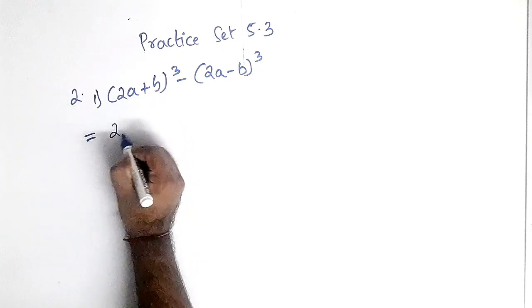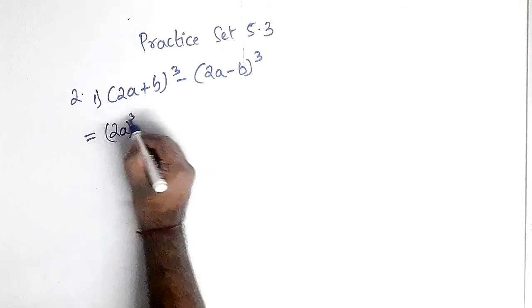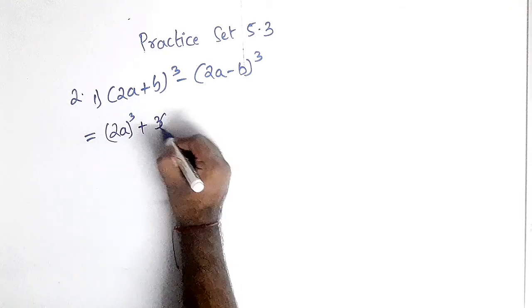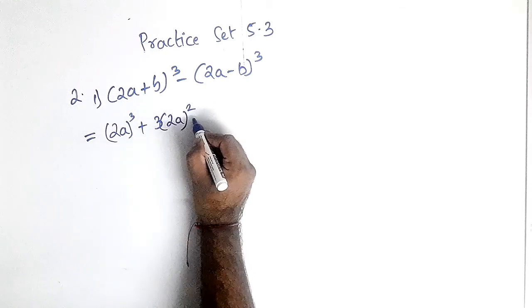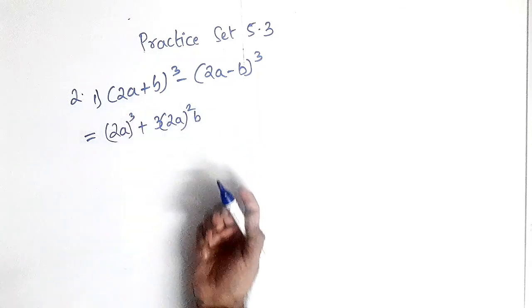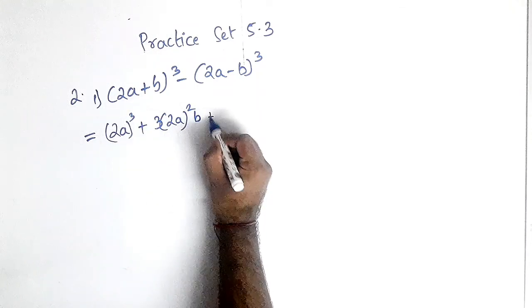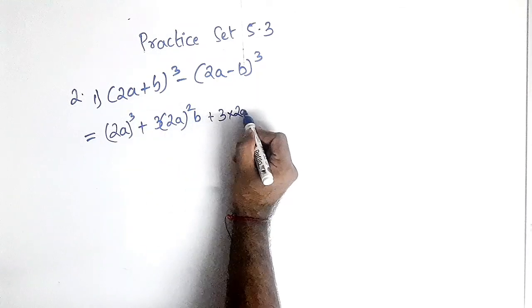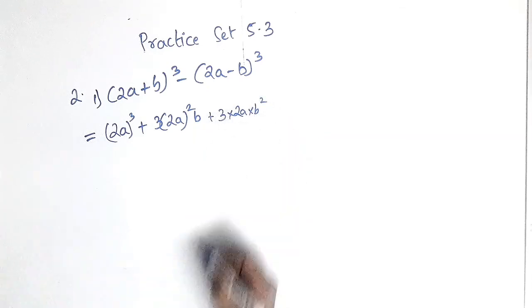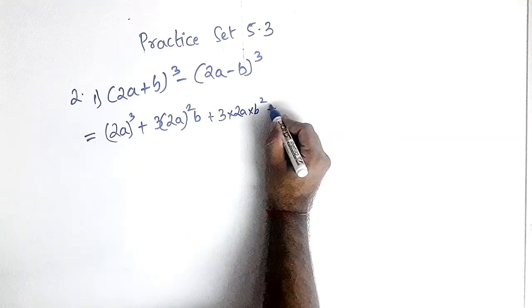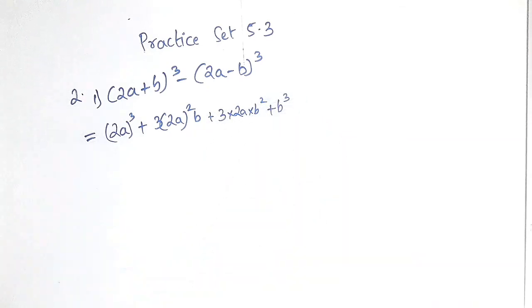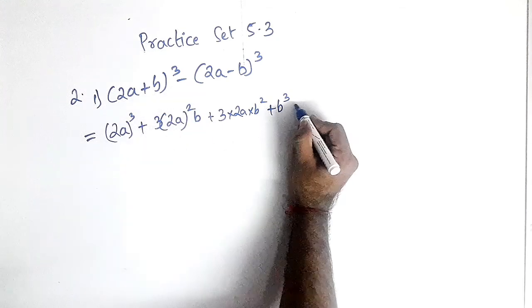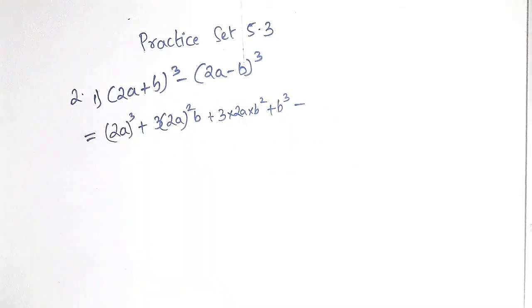So I'll write a cube plus 3a square b, plus 3ab square plus b cube. Okay, so first one we have expanded.